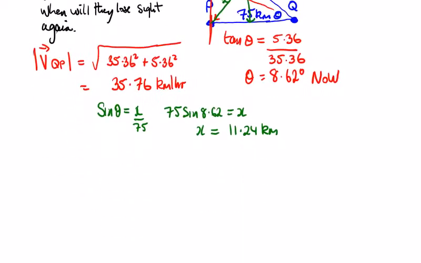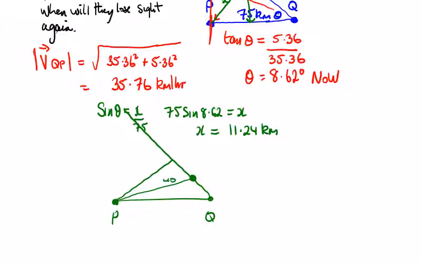Okay, let's sketch another diagram here. Q and P. It's going in this direction. Got my shortest distance, and they're going to be in range for 40 kilometers. So this is 40, and this one is 40. So we have my shortest distance is 11.24.